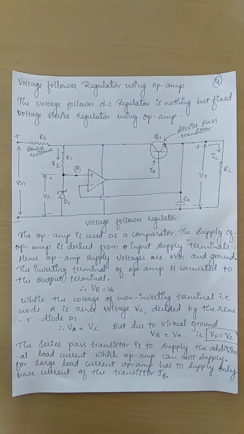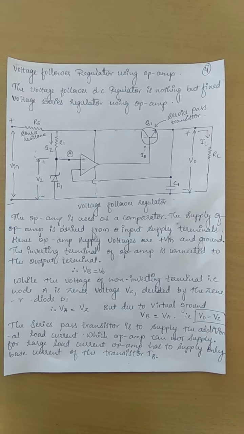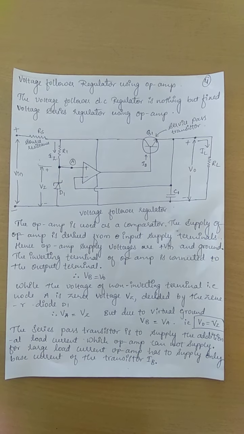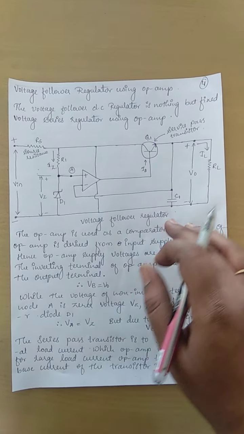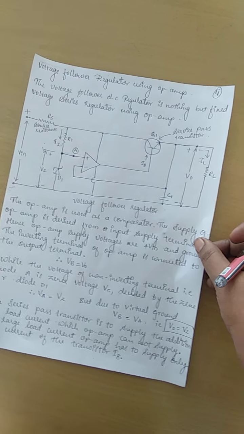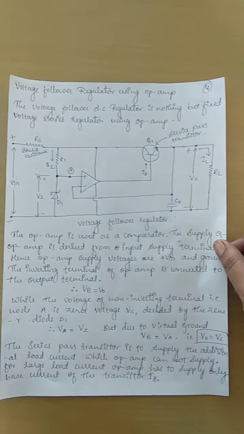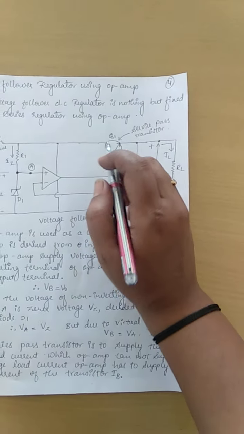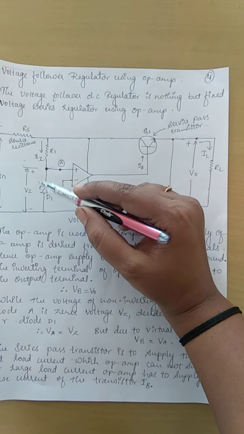Next comes the voltage follower regulator using an op-amp. This is also nothing but a fixed voltage series regulator. Here the op-amp is used as a comparator, where the op-amp supply is derived from the input supply terminals. Hence the op-amp supply voltages are Vin, that is plus, and ground.